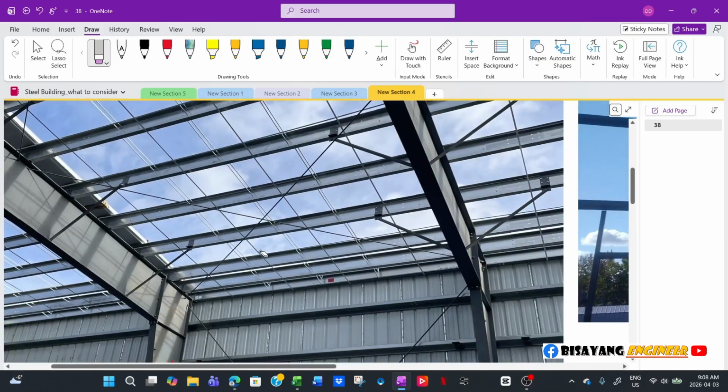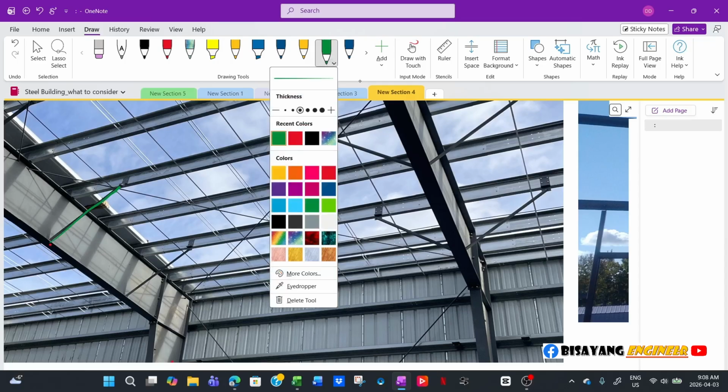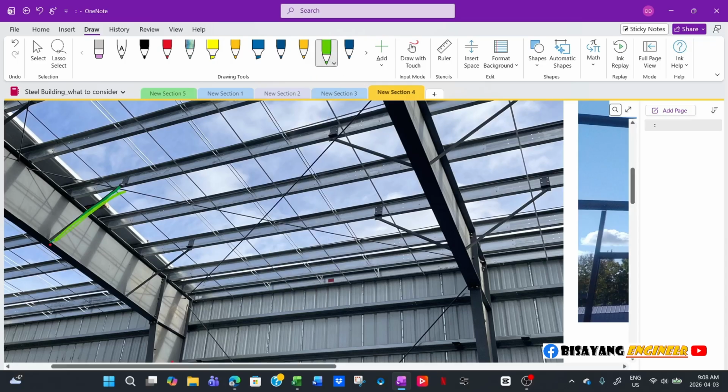So if you notice, we have this bracing, right? You may think that it is the purlins being braced on this one. No, it is the purlins bracing the frame.